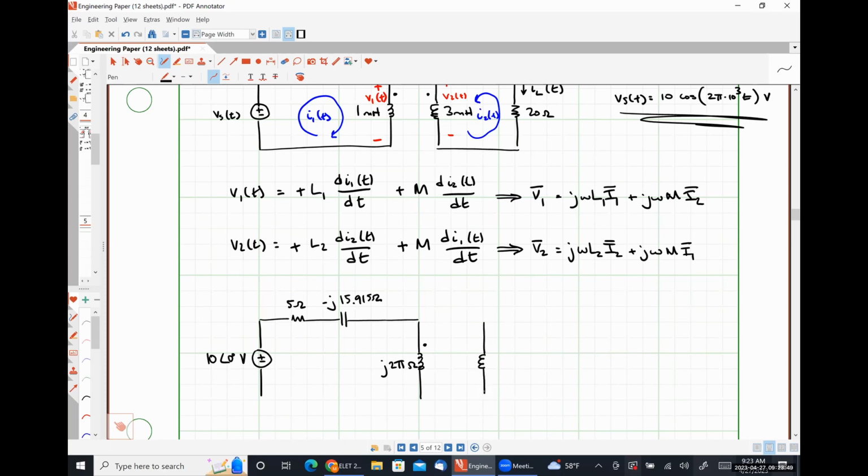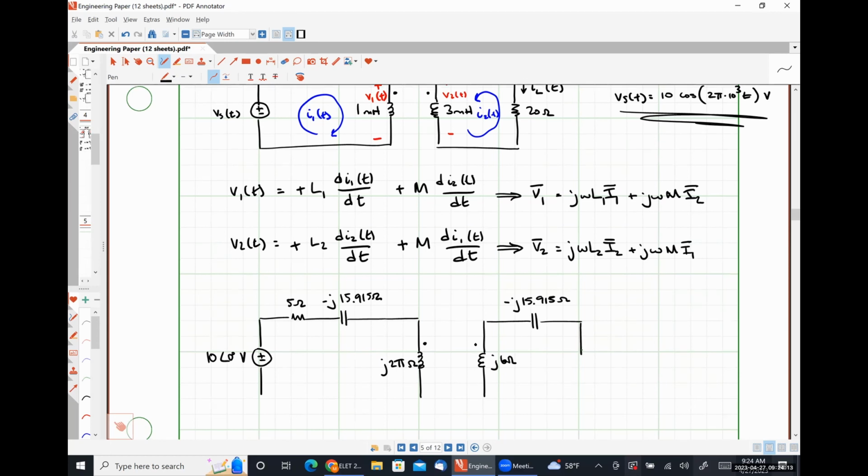Over here, I'm going to have my other inductor. It's 3 millihenries, so it should be 3 times larger. That's going to look like j6 ohms. The capacitor had the same value, so that's going to look like minus j15.915 ohms. My resistor over here was 20 ohms.